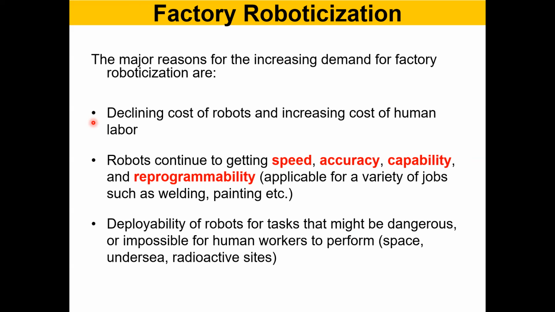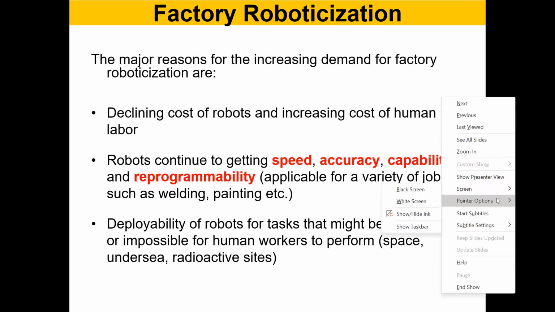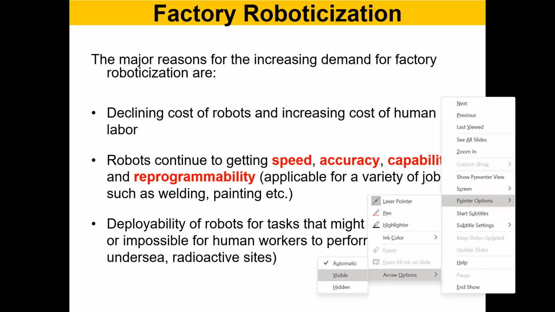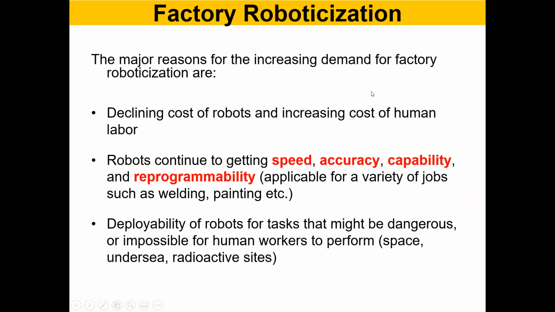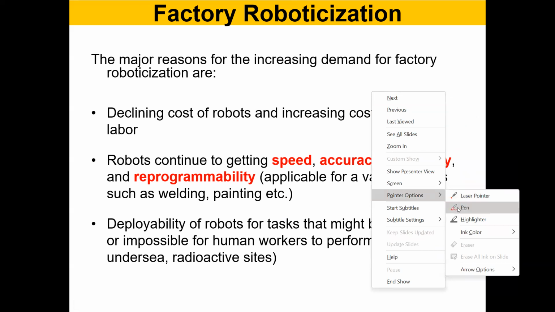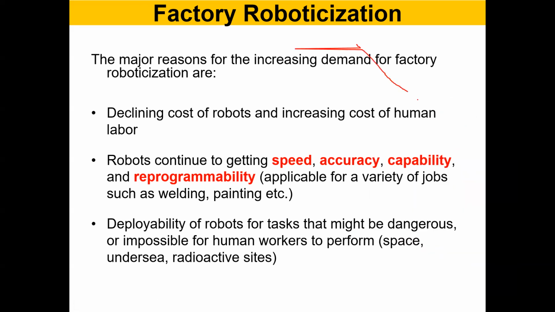So you have two lines. One line starts at a higher value, like robots were very expensive earlier, but now cost is getting down. So it's a line which is going down, right? But if you look at human labor, I think it was very cheap back in the day, but now it's increasing.